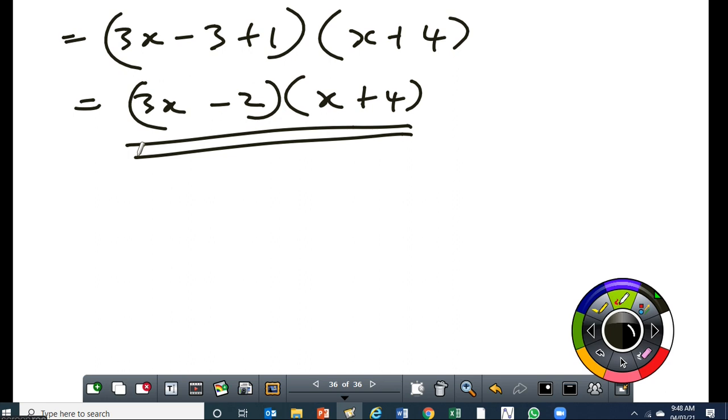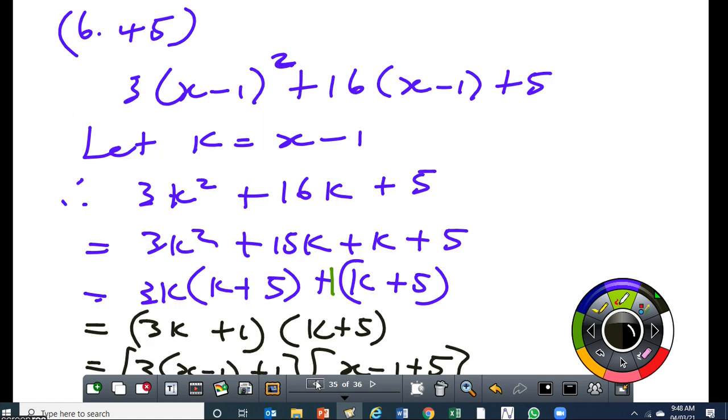Okay, if you wanted to use a long method from here, you could remove this circular bracket and that one too. Then you group the like terms, simplify until you create a trinomial. That's a longer method, maybe you could say. So there are two ways of doing this question.